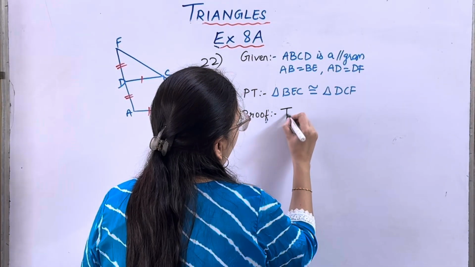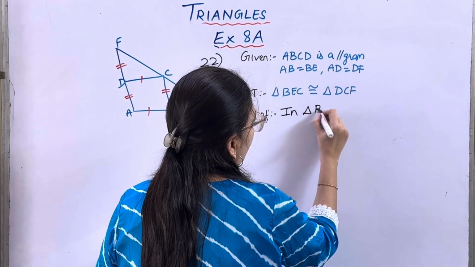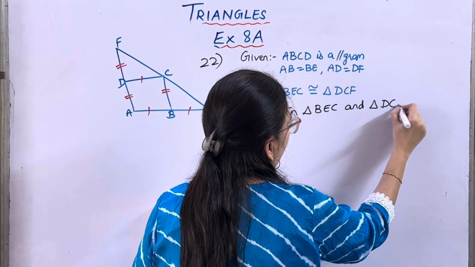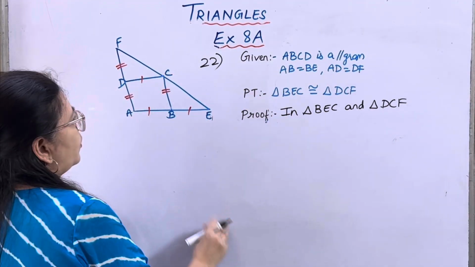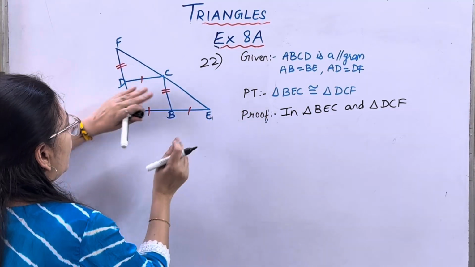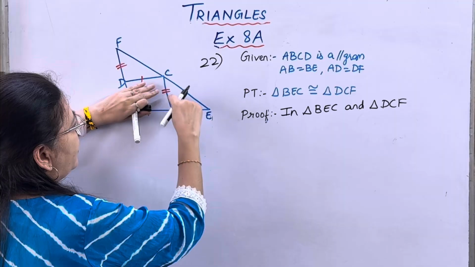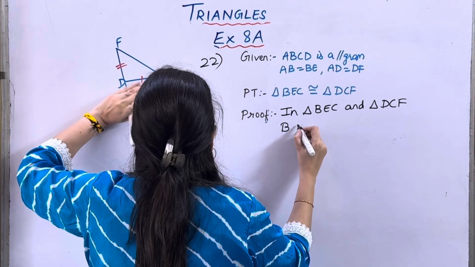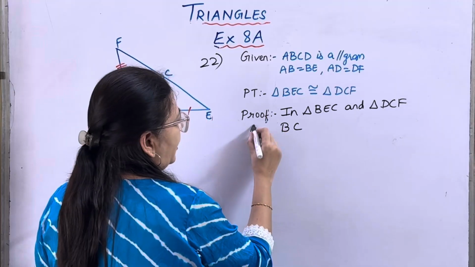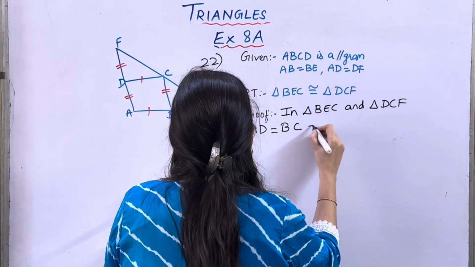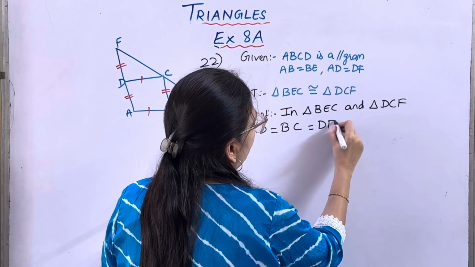So, in triangle BEC and triangle DCF, look at these two triangles. This side is equal to this side. AD is equal to BC, but BC is equal to DF also.